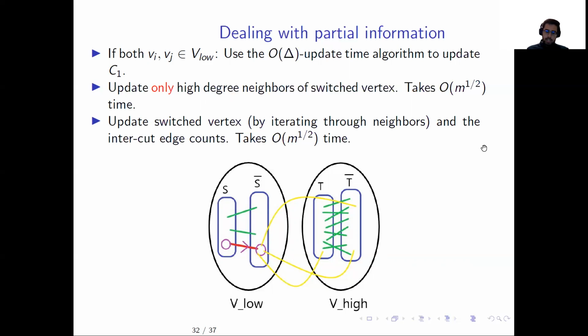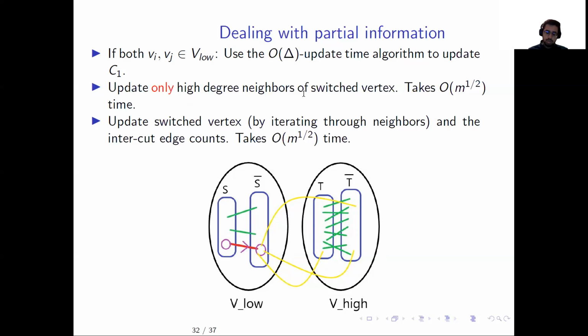So the main challenge is then to maintain the edge counts, and in our paper we show that we can maintain the edge counts between these four blue pieces efficiently if we do the above steps. So when a low degree vertex switches, we recompute all its data structures.